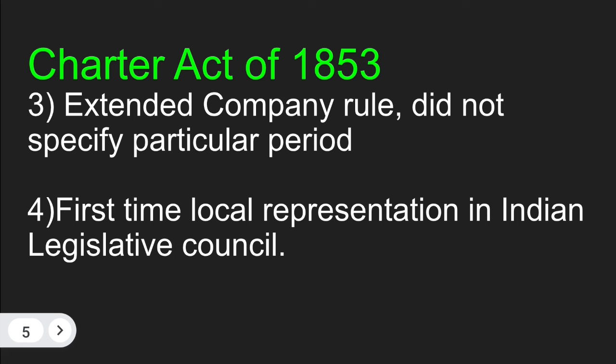This clearly implies that company rule in India was at the mercy of the Crown, the British government, and the Crown can end company rule in India anytime. Though this was not mentioned in the act, not specifying a particular period means that the Crown can end company rule anytime.